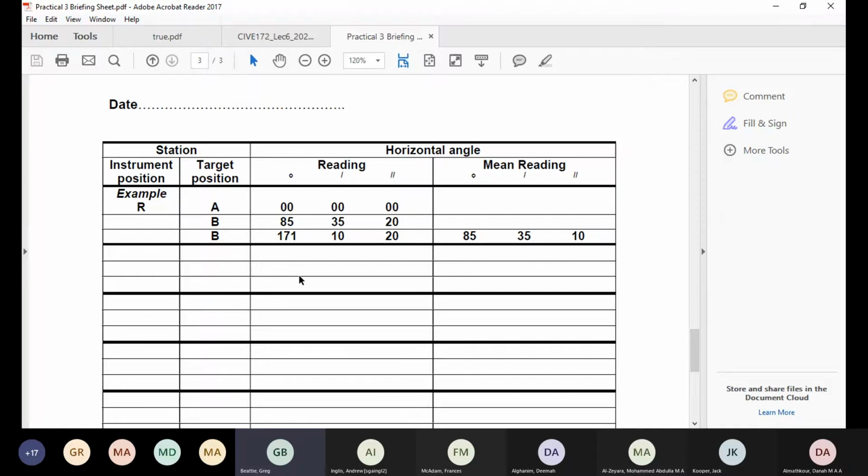When we go through the practical, there are going to be a number of readings that we take. One thing to bear in mind is that although reading is A, the target position, which you see in the video, is 0. If we rotate one way, it goes 0, 1 degree, 2, up.